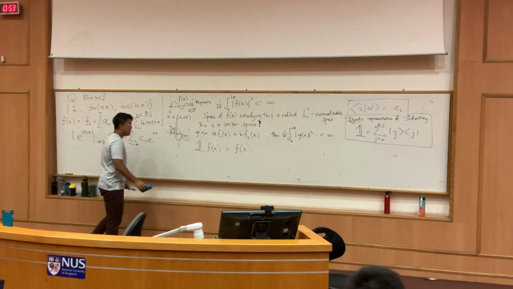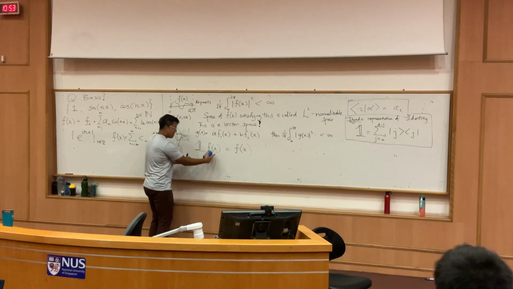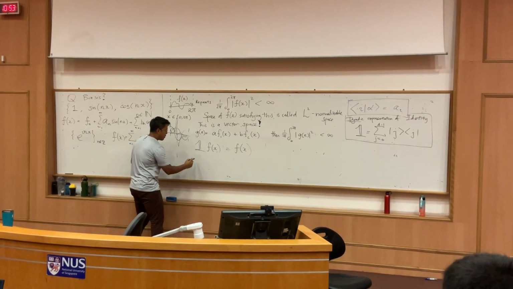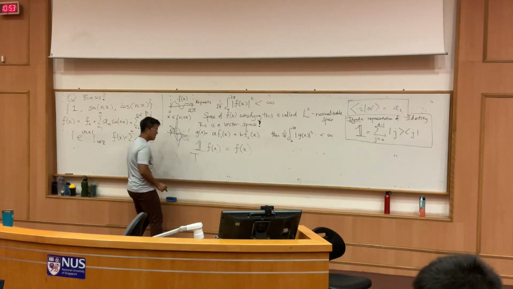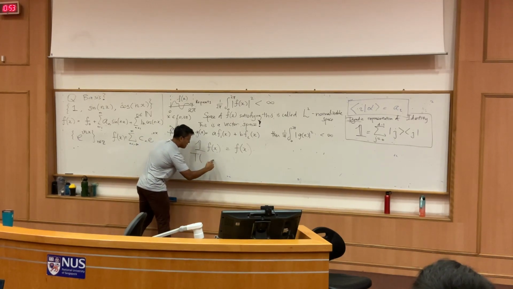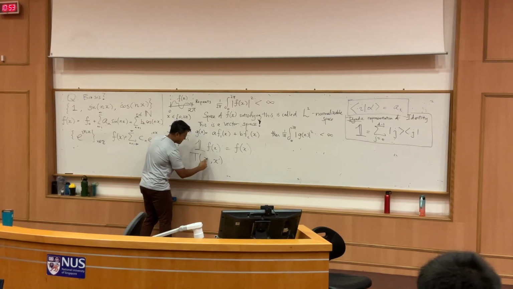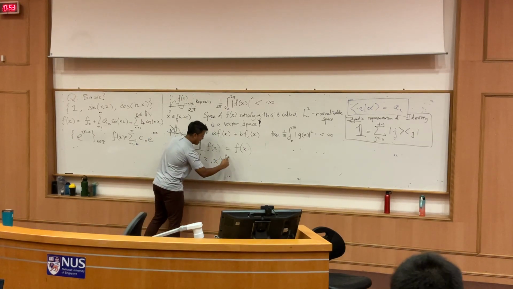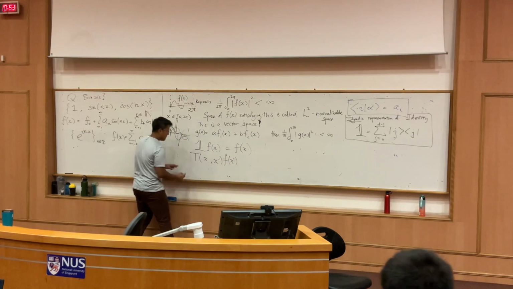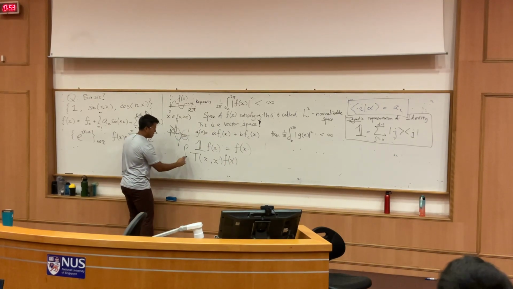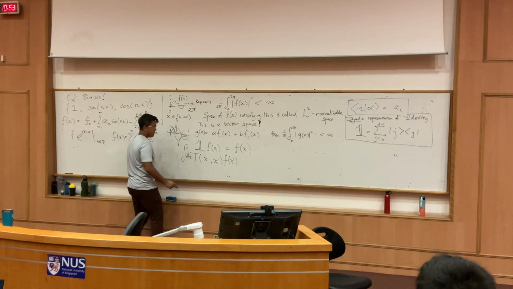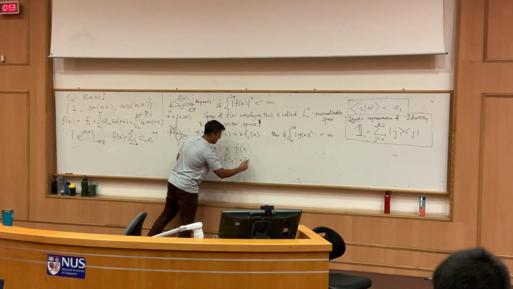So we actually want this. In this language, what this means is that we want some linear operator that takes in x prime and spits out x. And when we integrate over dx prime, that should give me f of x.